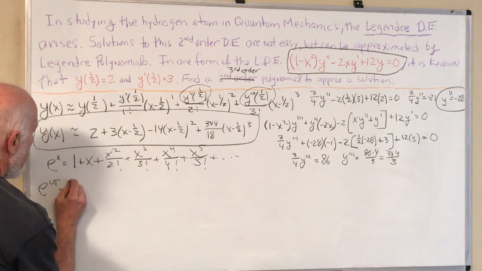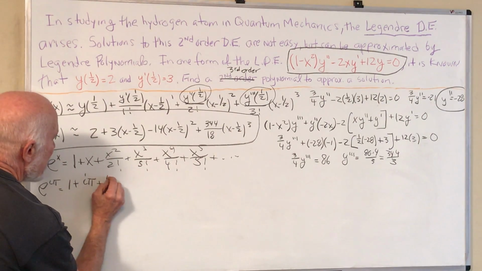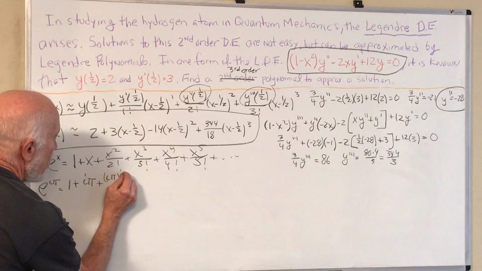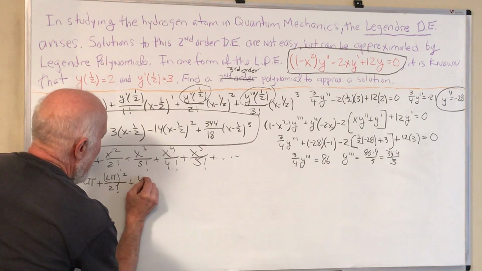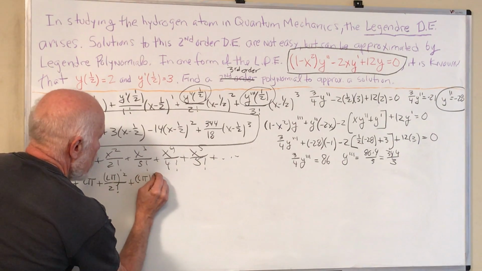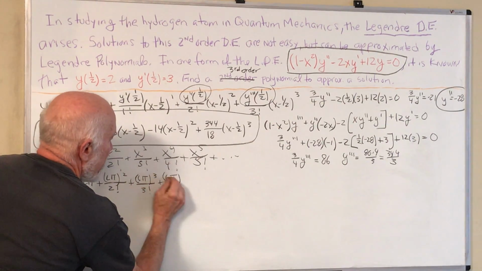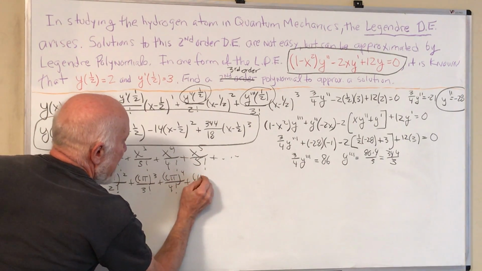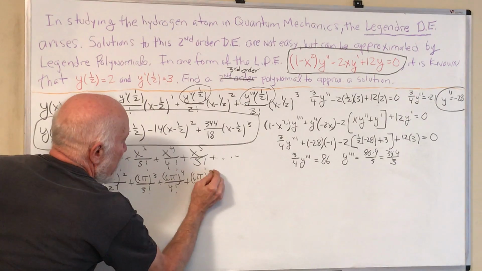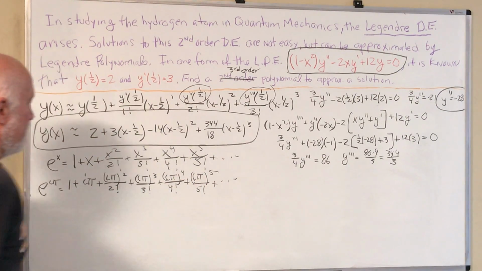And what do we get? 1 plus I pi plus I pi squared over 2 factorial plus I pi cubed over 3 factorial plus I pi to the 4th over 4 factorial plus I pi to the 5th over 5 factorial plus forever.